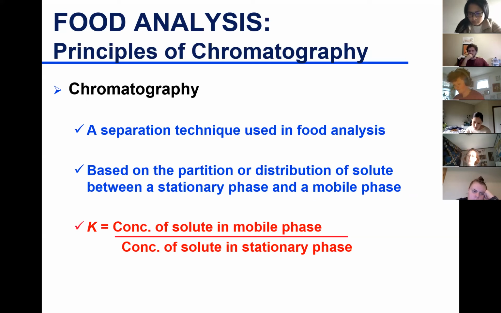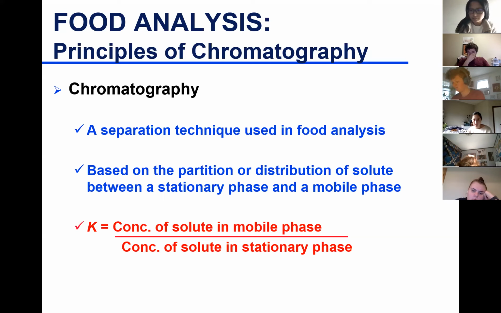The solute is partitioning if we have two liquids, or it's distributing if we have a liquid and a gas. For example, in gas chromatography, you have a solid covered with a thin liquid, and that's your stationary phase, and then you have the gas. So there will be distribution between the two phases.